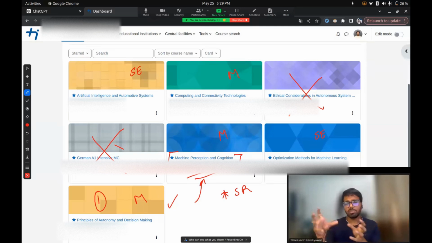So we have something called visual odometry and all those stuff. So in general, machine perception is nothing but whatever you have learned in principle of autonomy and decision making. The same thing, if you are trying to physically make it, you need all these sensors to move, to detect, to predict and all those stuff. And machine cognition is nothing but related to, again, neural networks.